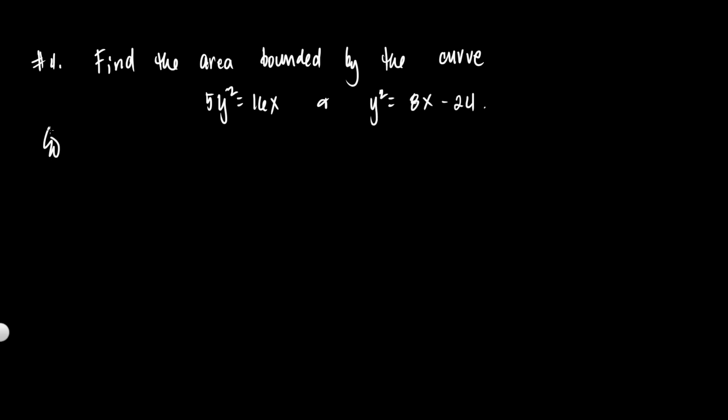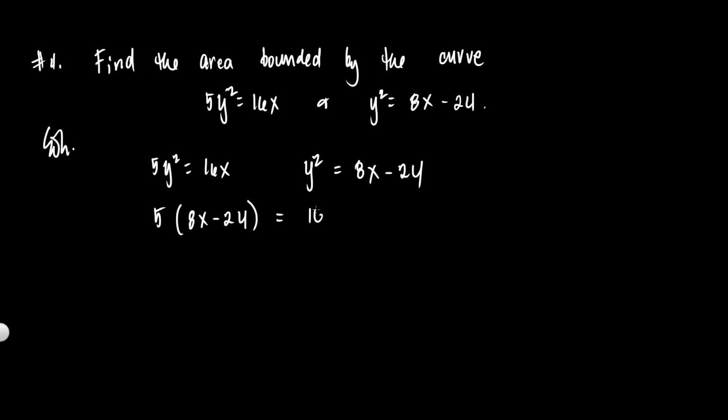Okay. So solution, 5y squared equals 16x. Solve the two equations simultaneously. We have y squared equals 8x minus 24. So substitute the y squared, and y squared is 8x minus 24. So 8x minus 24 equals 16x.